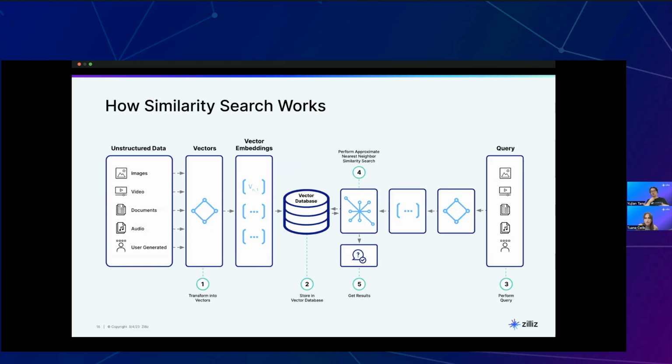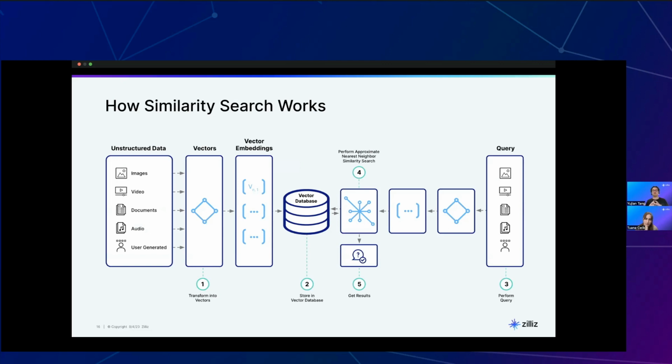Okay, so what is a vector database? Essentially, a vector database is the database that you would use to store vector embeddings and do semantic similarity. So how does this work? You start with your unstructured data. Most of your data is unstructured.